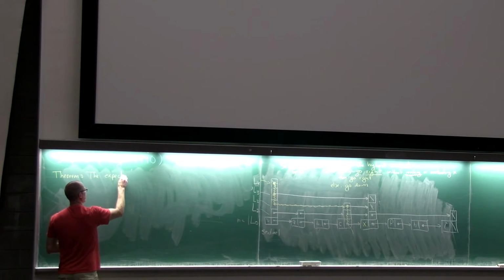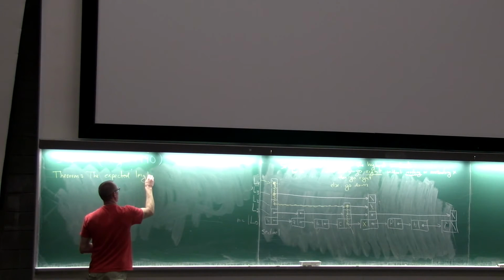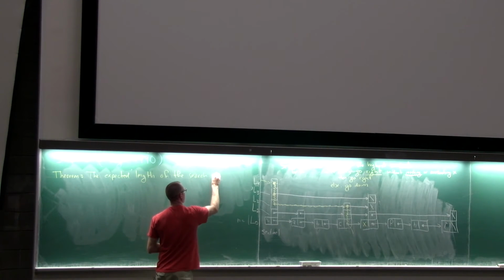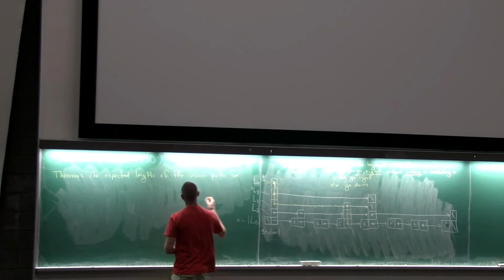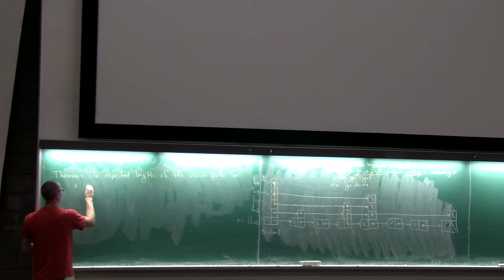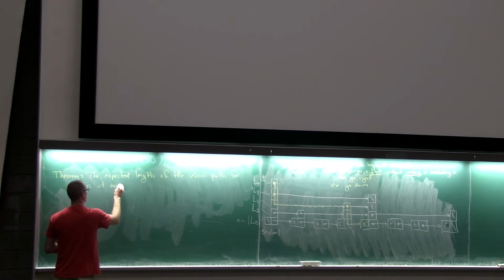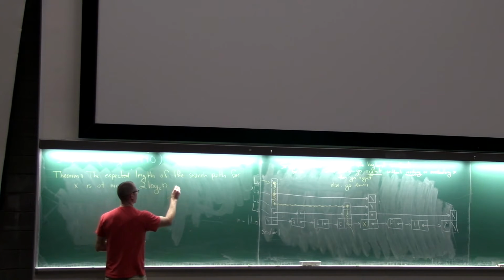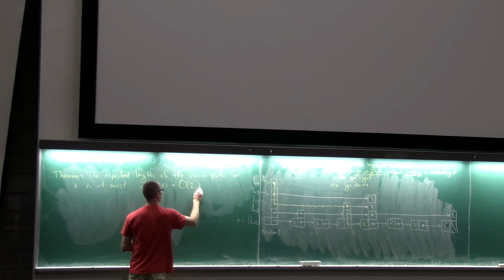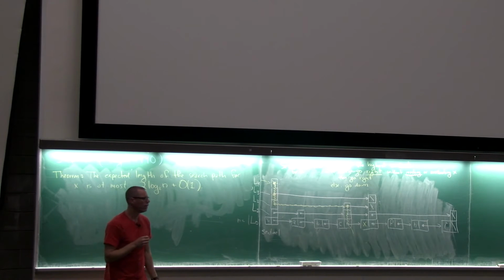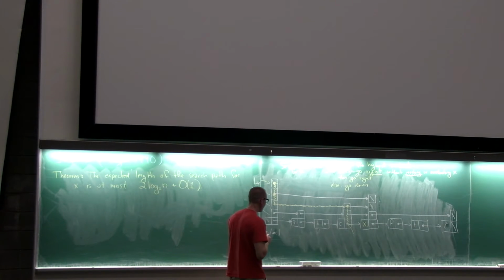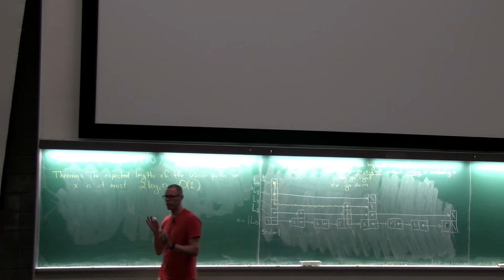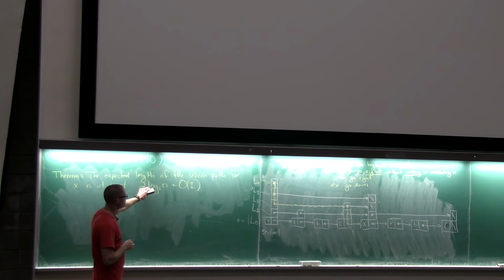The expected length of the search path for X is at most 2 log base 2 of n plus 1. So the length of that search path is about 2 times log n plus 1, 2, or 3, or 5. Somewhere around 2 times log n.